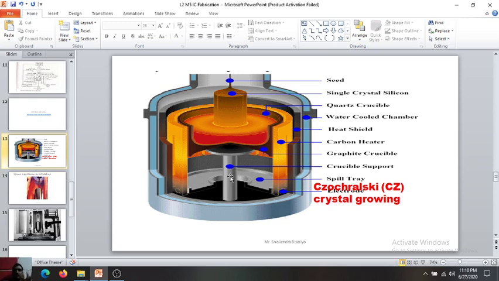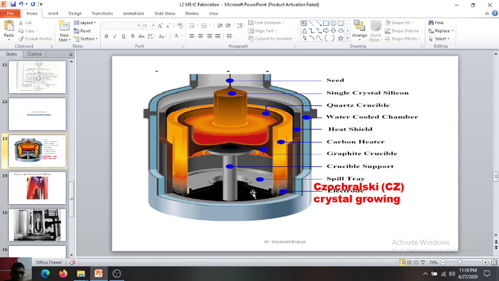On the upper side there is the seed and single crystal silicon. From the puller, this seed crystal comes inside the furnace, and when the furnace is rotating in one direction, let us say clockwise, then the puller rotates in the anti-clockwise direction. This is how the operation takes place.